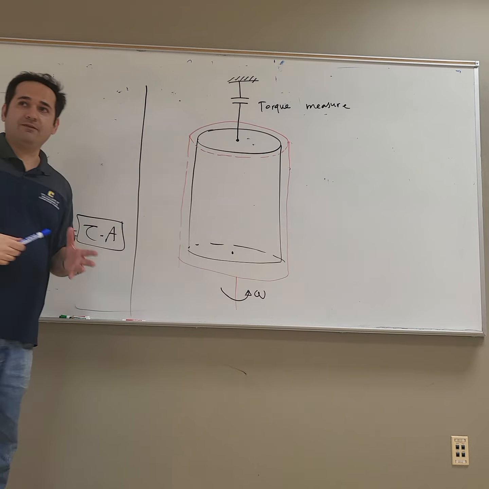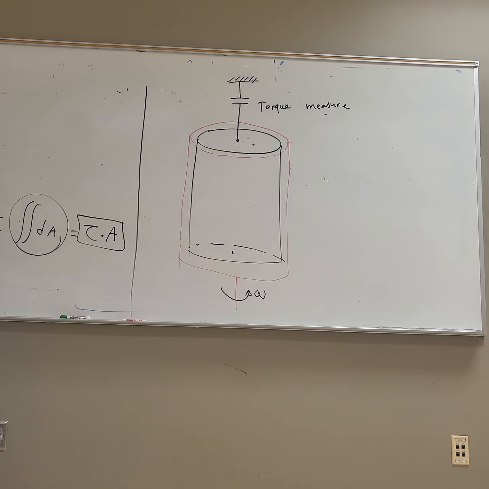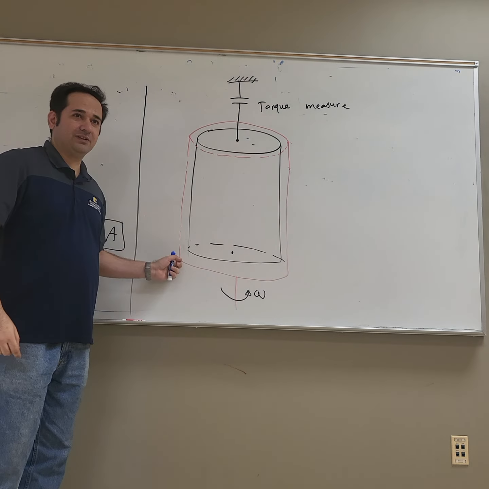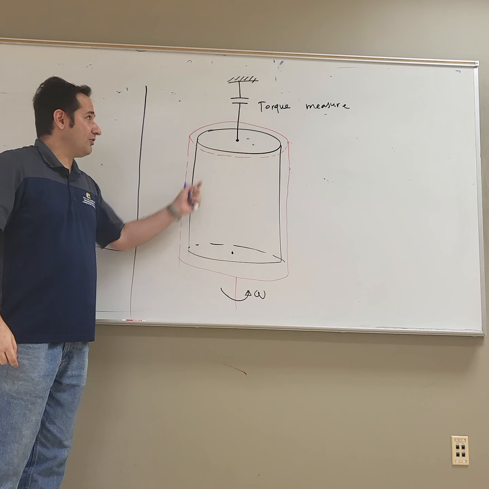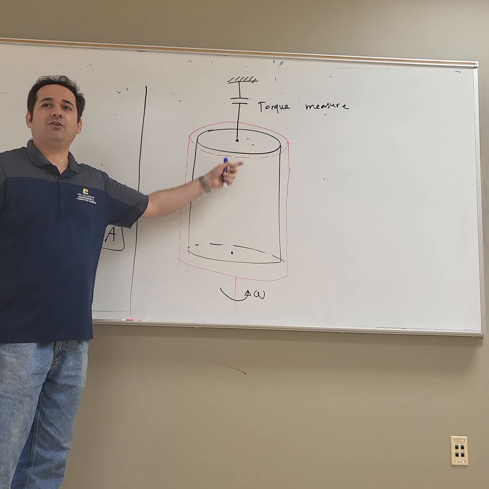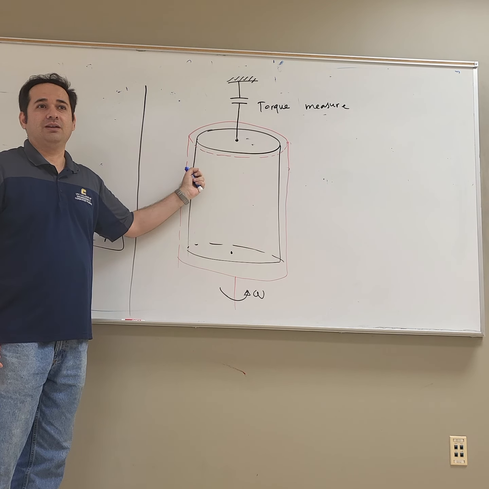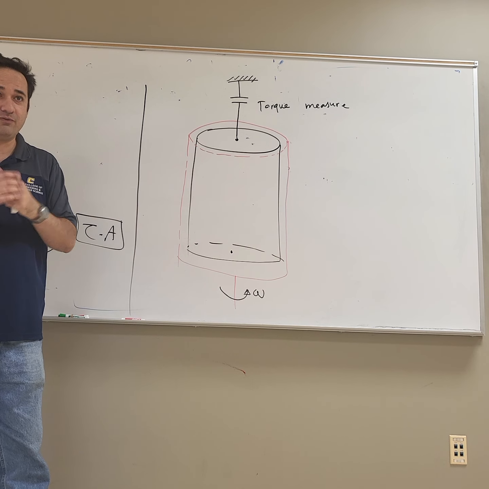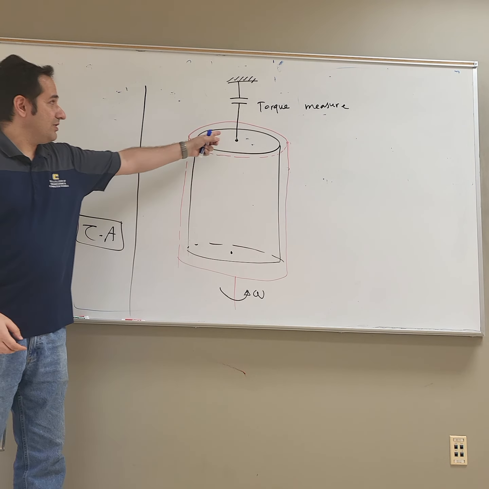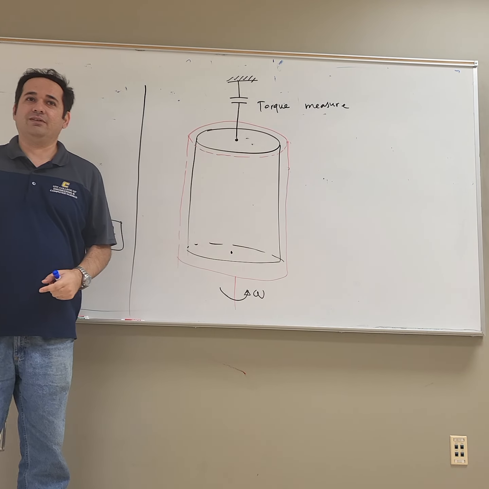If I don't have a fluid between them, I can easily rotate the outer cylinder, right? There's not going to be any torque on the inner cylinder if I don't have any fluid. Let's say vacuum. If air is even a fluid, so if you have air, you still see a tiny bit of torque on the inner cylinder.